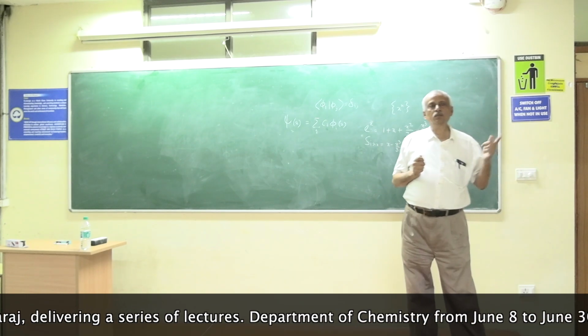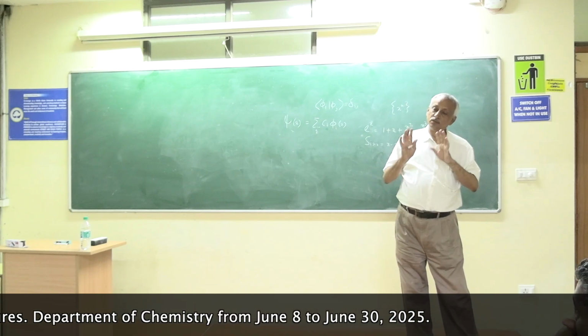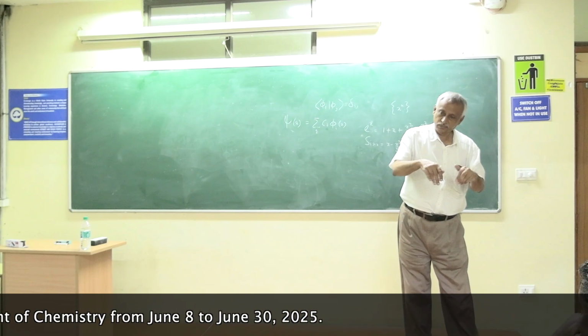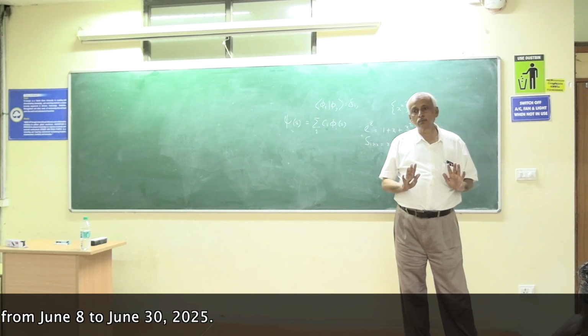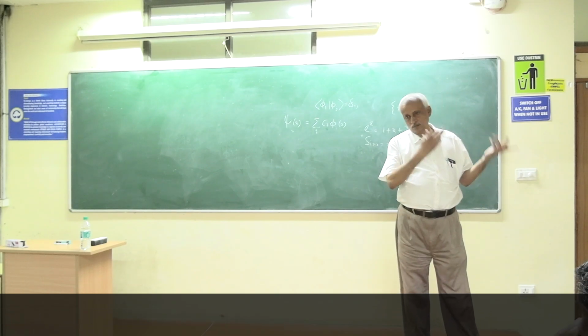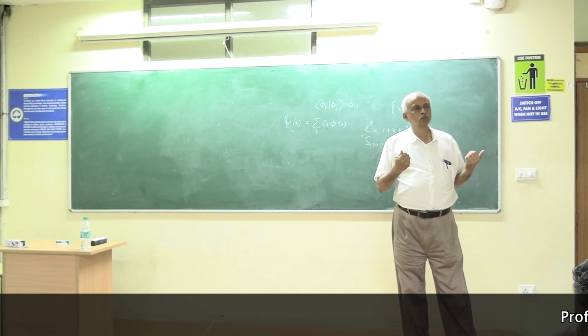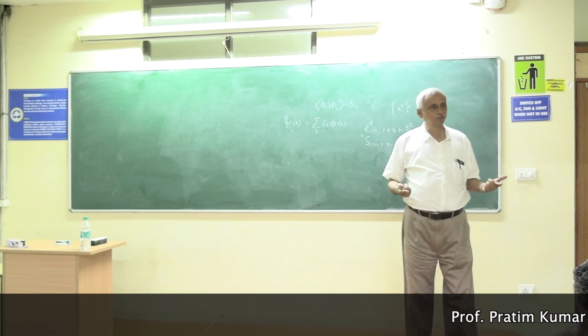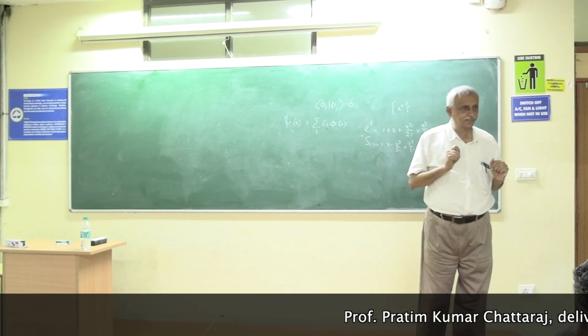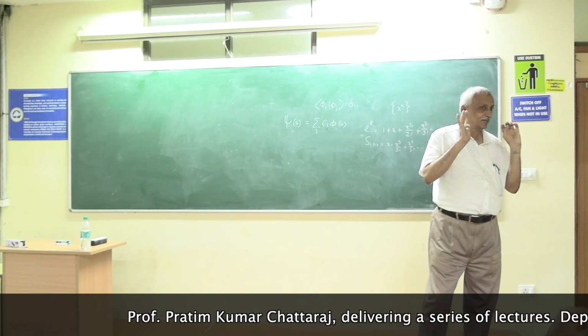If you have E1 dot E2, you put it 0. Sometimes we keep them as such, non-orthonormal. Sometimes we make them orthonormal through certain other techniques and then use them. Okay, but you have to keep track of that.